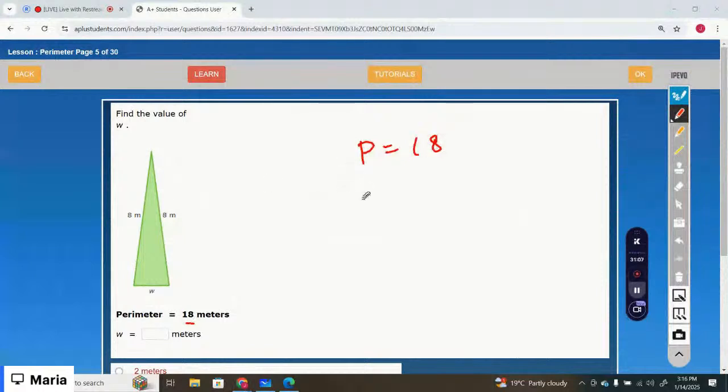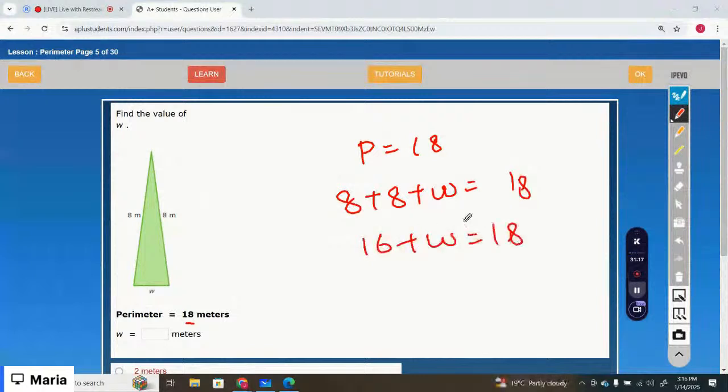The side lengths you are given are 8 plus 8 plus W. 8 plus 8 is 16. Move 16 to the other side, so 18 minus 16 is 2. So that means the missing side length is 2. Got it?